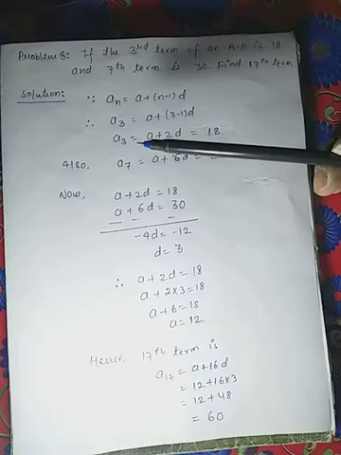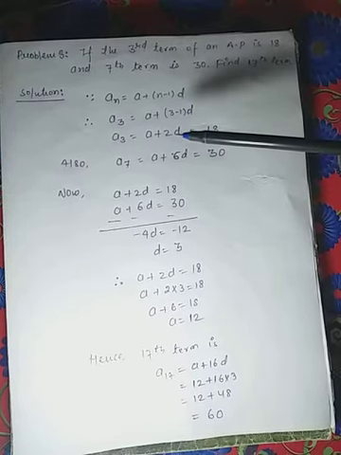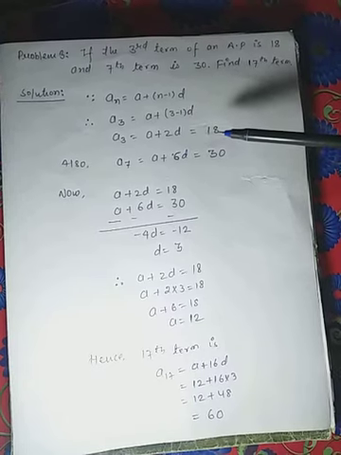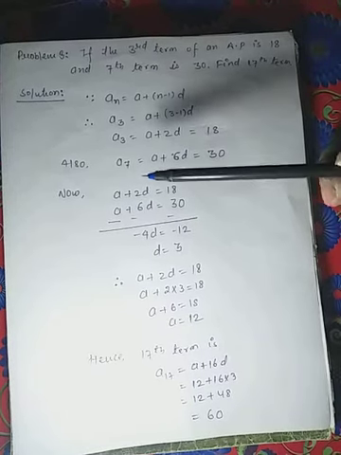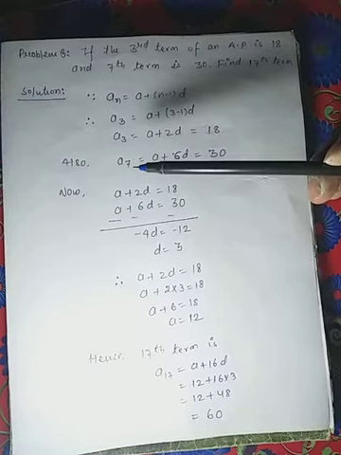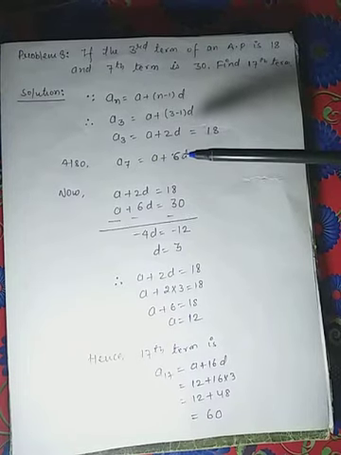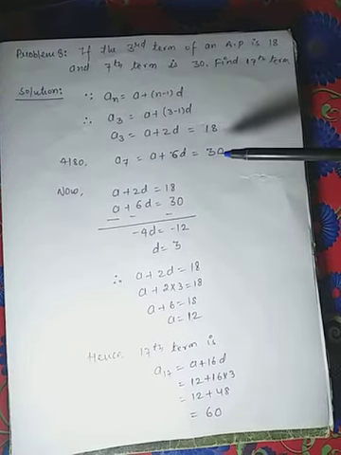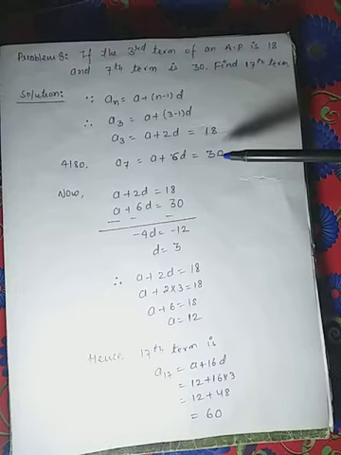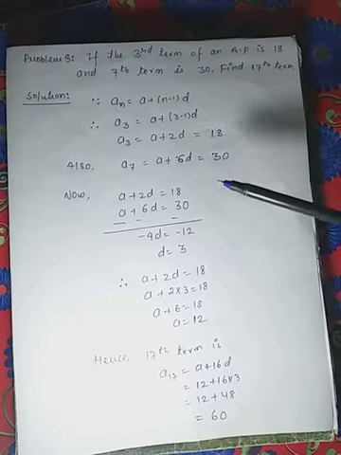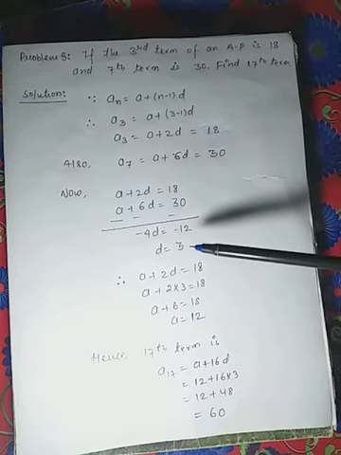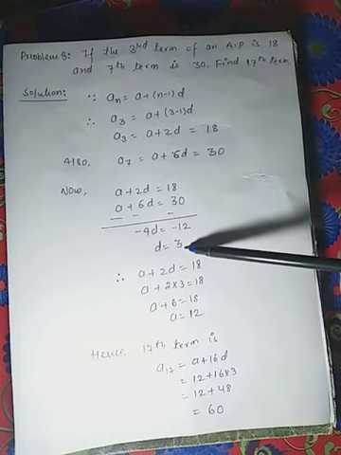So a3 is a plus 2d, which is 18. Also a7 is a plus 6d, which is given as 30. After simplify, we get d is 3.